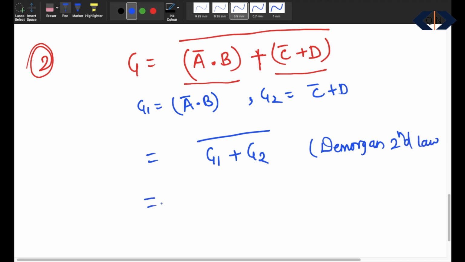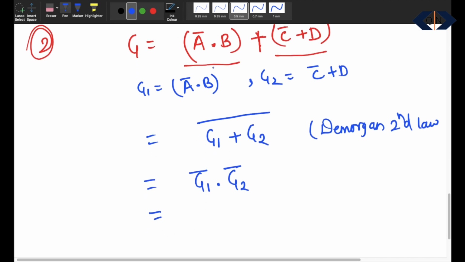So we will be utilizing De Morgan's second law here. So G1 plus G2 whole bar will be equivalent to G1 bar dot G2 bar, right? Now we can write it in this form, just replacing it like that: (A bar dot B) whole bar dot (C bar plus D) whole bar. Can we write it like this?